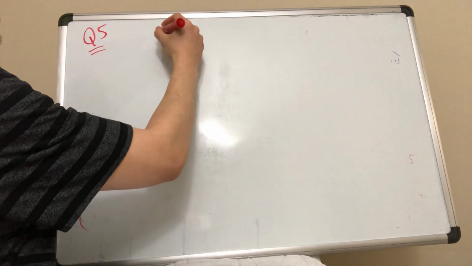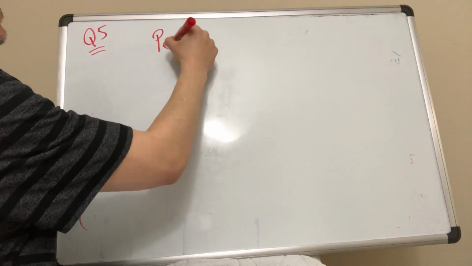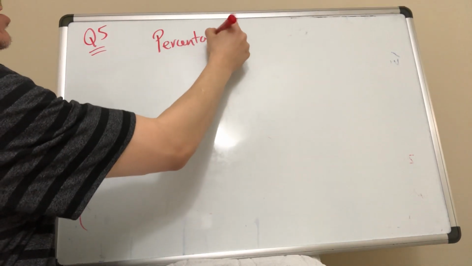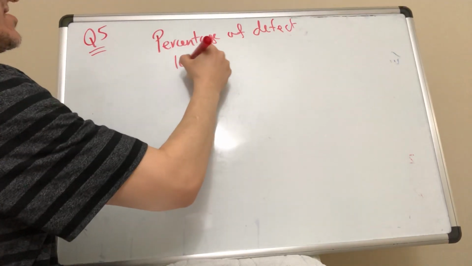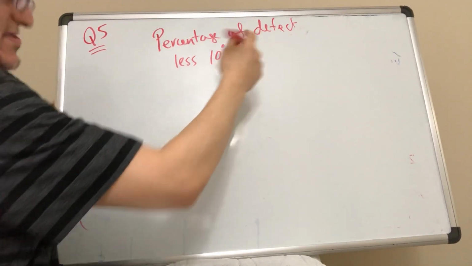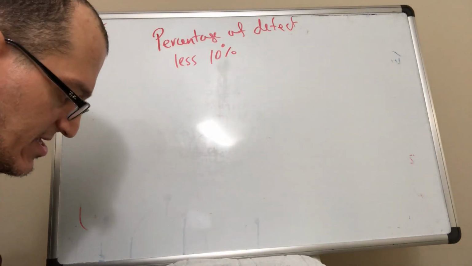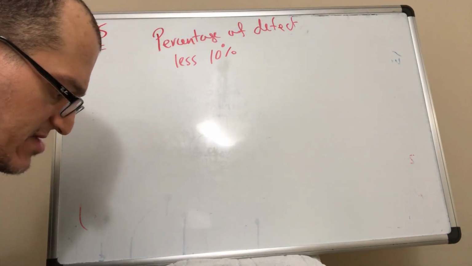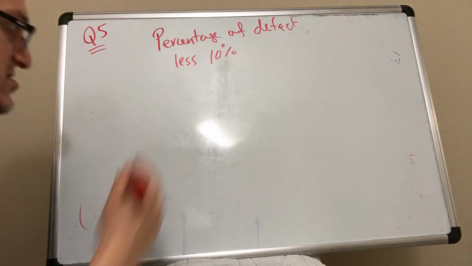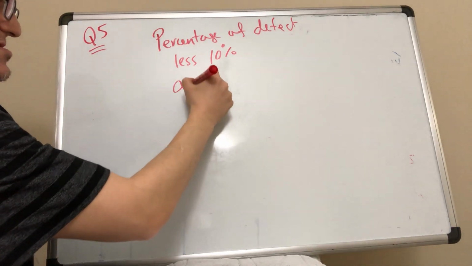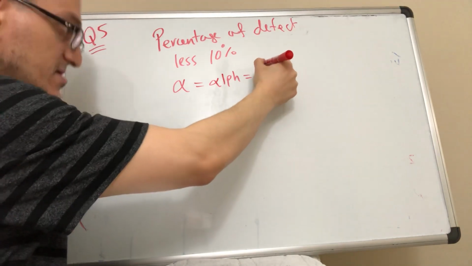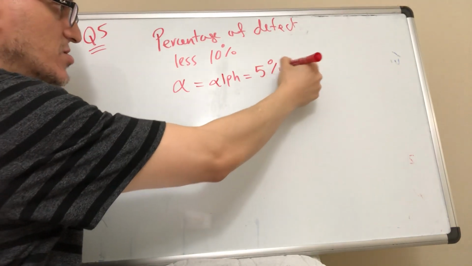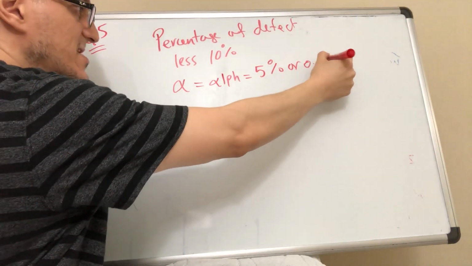So the percentage of defects must be less than 5%, or that's what they're hoping for. And for the process capability, they want to use alpha of 5%, or 0.05.